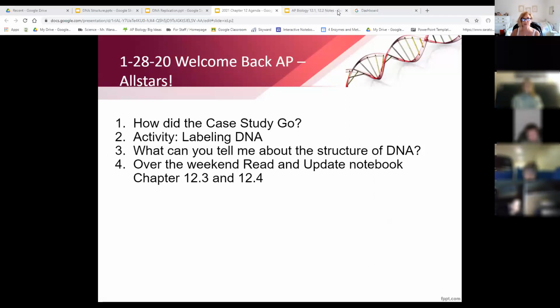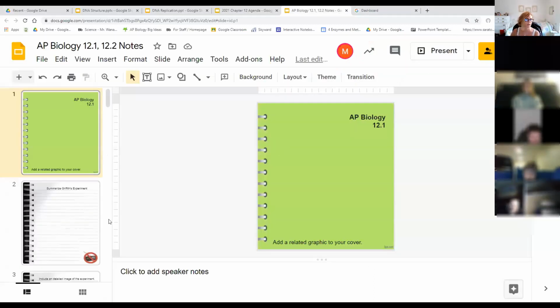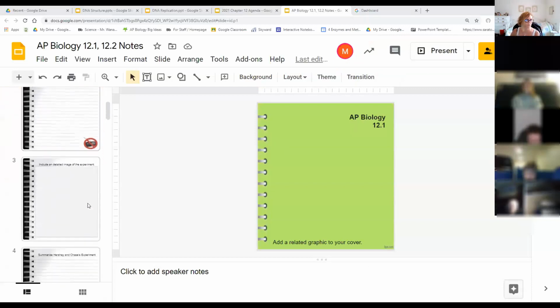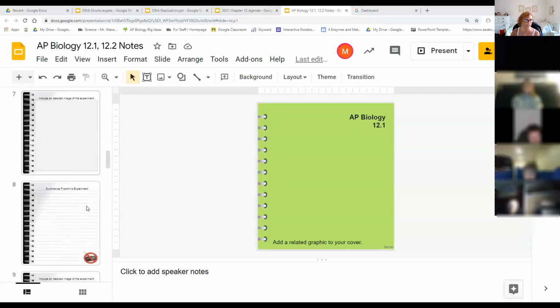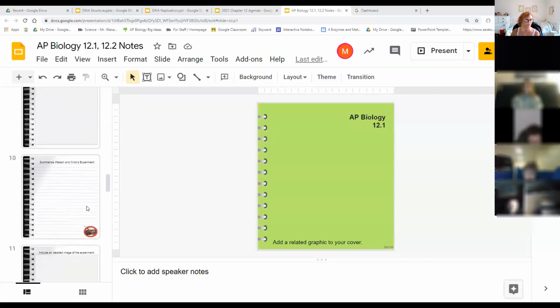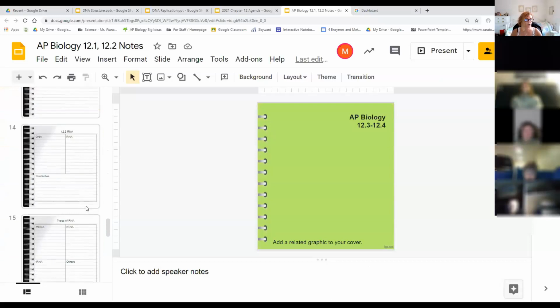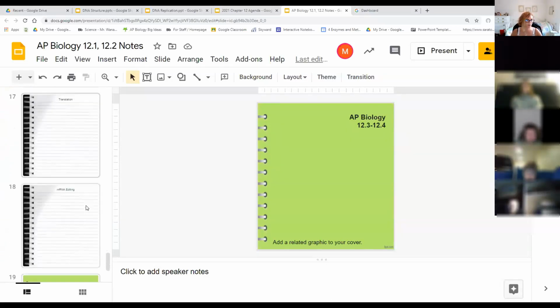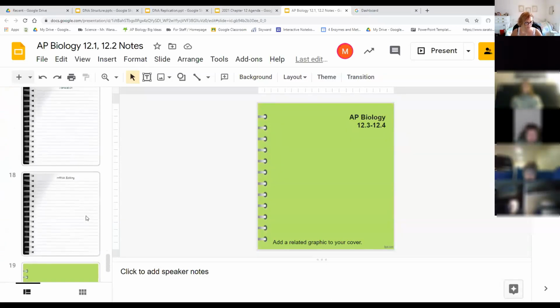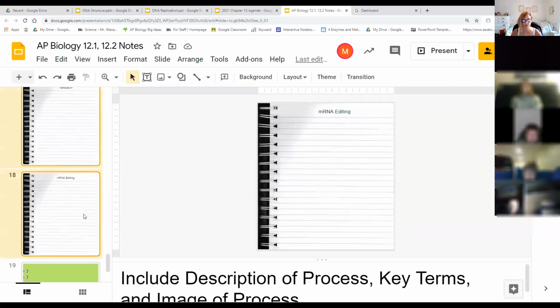So I've taken your notebook here, and if you scroll to slide 12, I believe, if you could just grab hold, select one, scroll it all the way down to 18. Control Shift allows you to pick it all at once. You can do them all individually if you want.